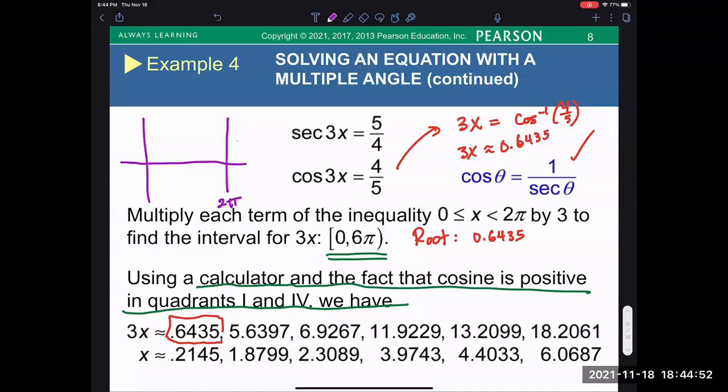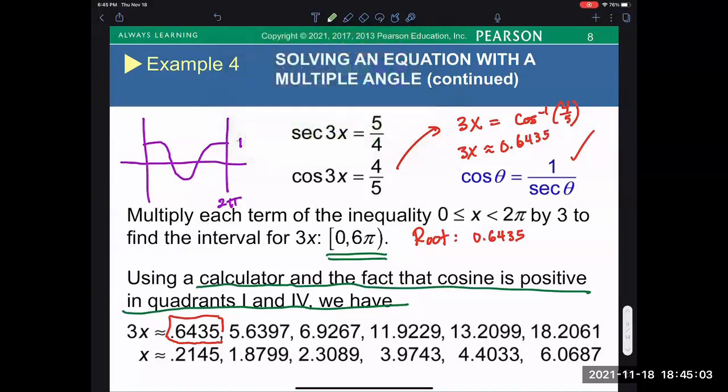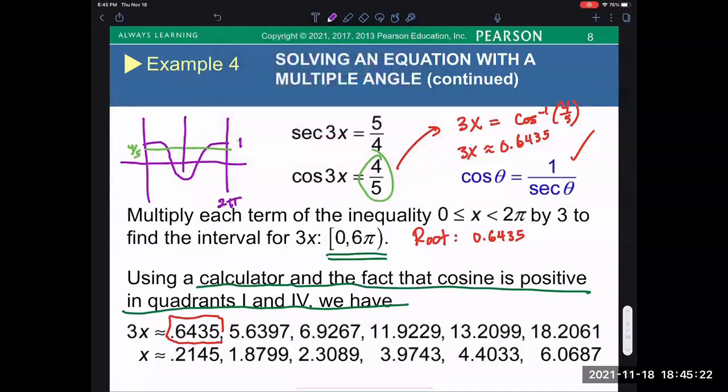The cosine function starts at 1, goes down below, and then comes back up to 1. Sorry for this crappy quick sketch. Where is it that we would come across 4/5? Well, if this is 1, then 4/5 is up here somewhere. The cosine inverse function gives us that first answer between 0 and pi.